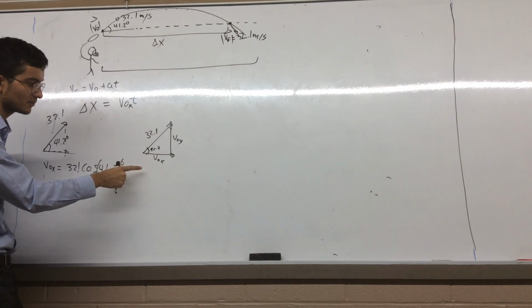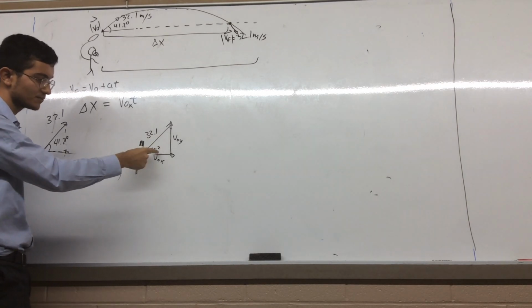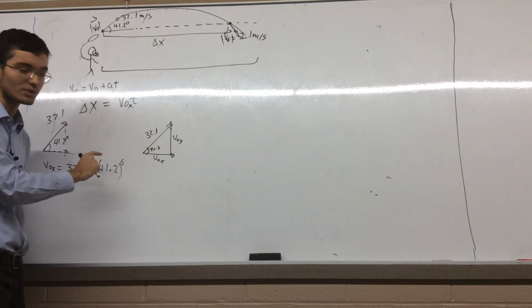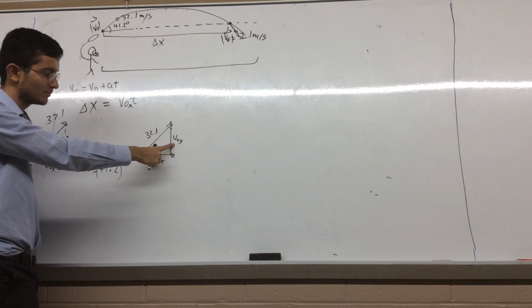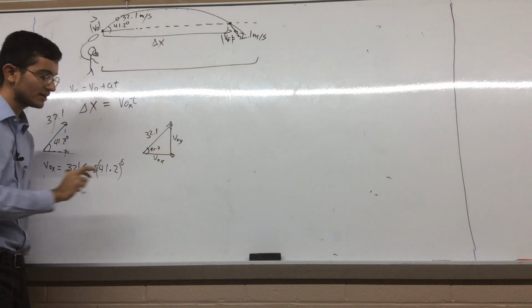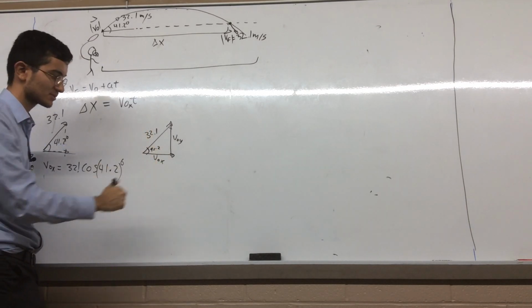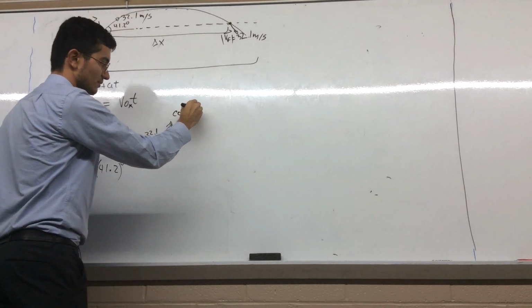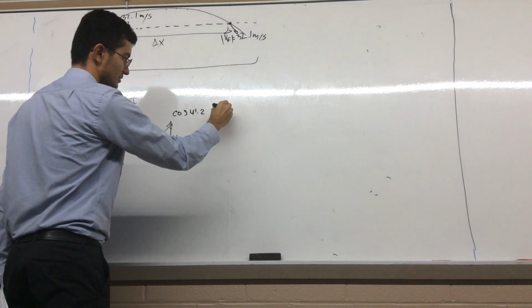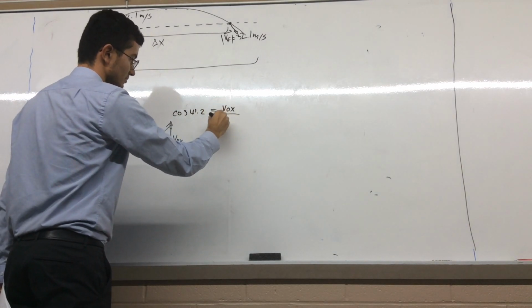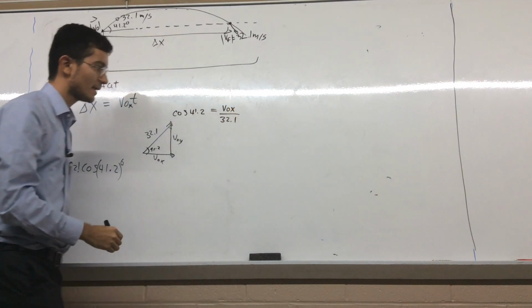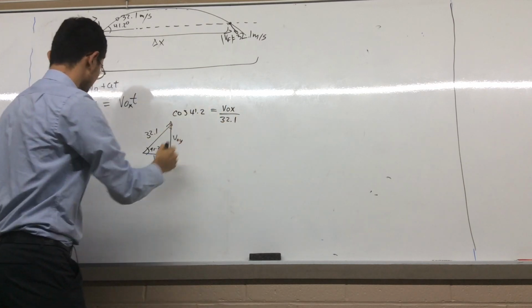Sine of theta is opposite over hypotenuse, but that would have the v0y in there. To find v0x, we use cosine of the angle, which is adjacent over hypotenuse. So cosine of 41.2 is equal to the adjacent, which is v0x, over the hypotenuse, which is 32.1. We multiply this on both sides, and we get this.